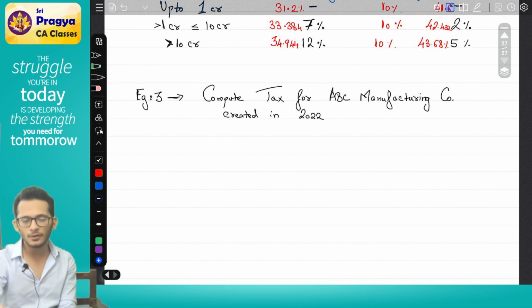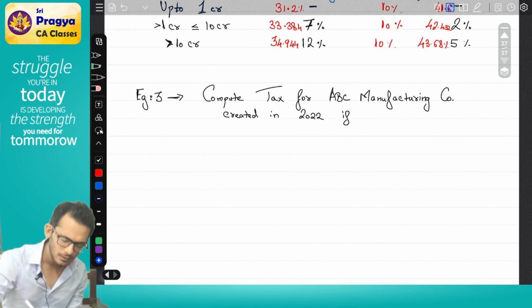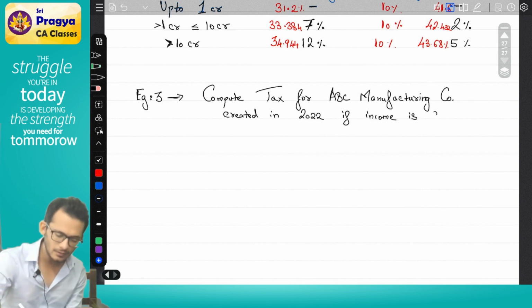You are required to compute the tax rate of ABC manufacturing company, which is created in 2022, if the income is 1 crore 2 lakhs.